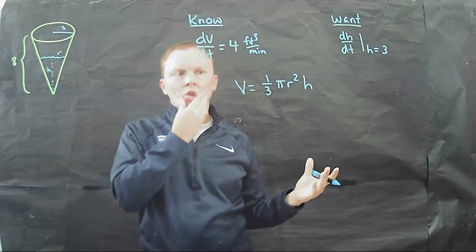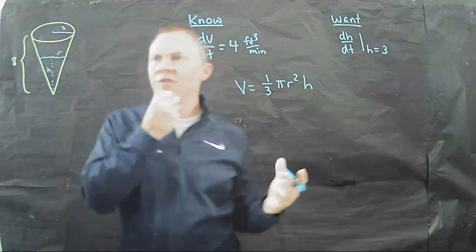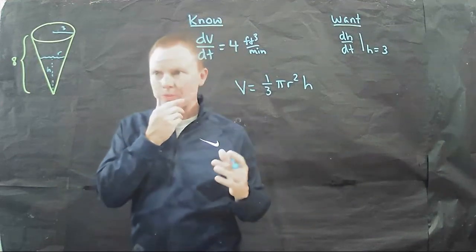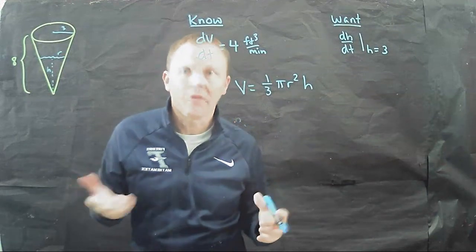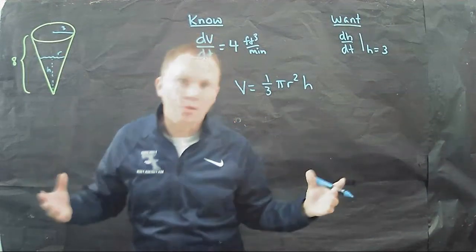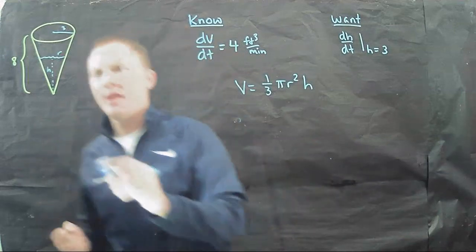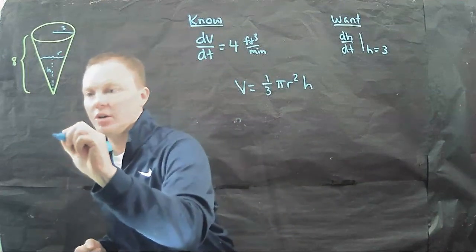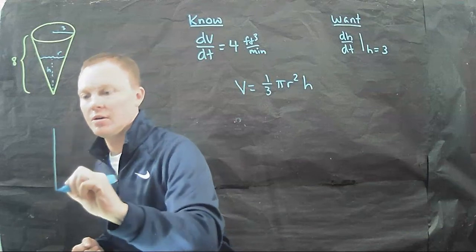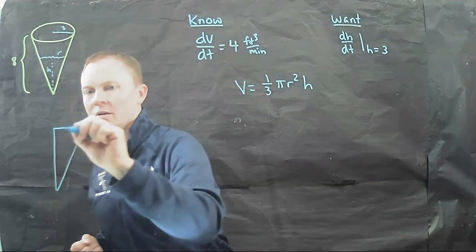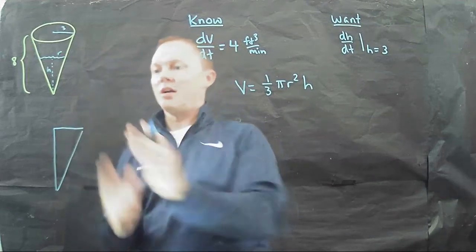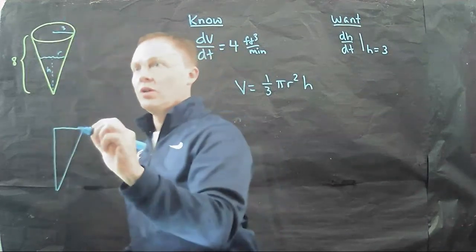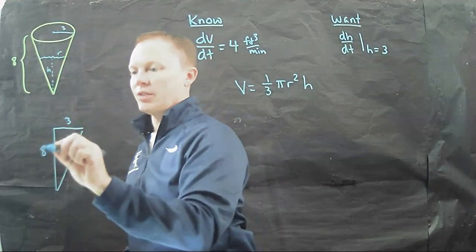Well, let's see if we can figure something out here. And this, honestly, is why this problem is in every calculus book that's ever been published, because there's some good math involved. If you think about this scenario, let's say that that's a cutaway of the cone, the whole cone, so that this is 3 and this is 8.